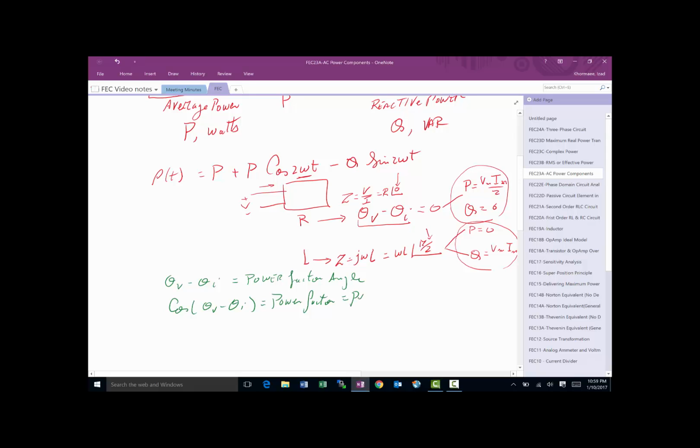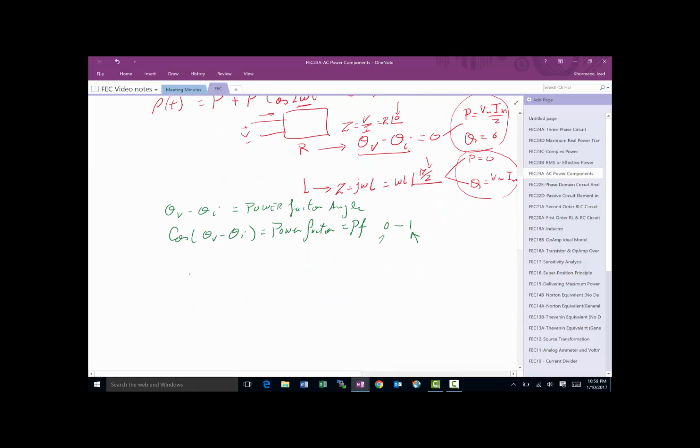Power factor is commonly used, and it is usually between 0 and 1. 1 means you have 100% real power, and 0 is 100% reactive power. So of course you want to be as close to 1 as you possibly can.